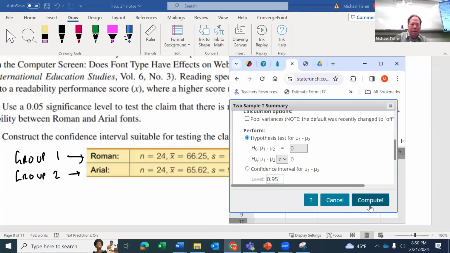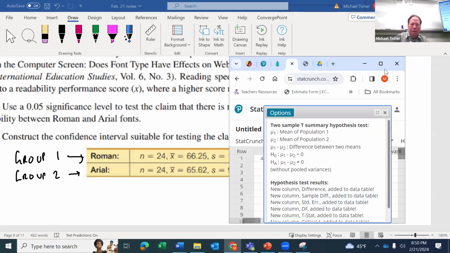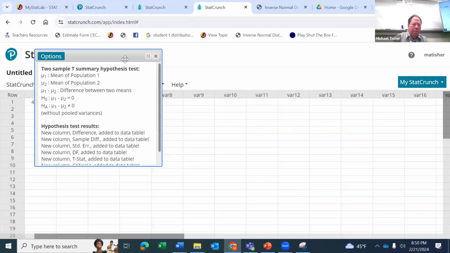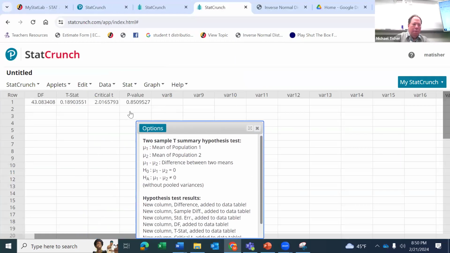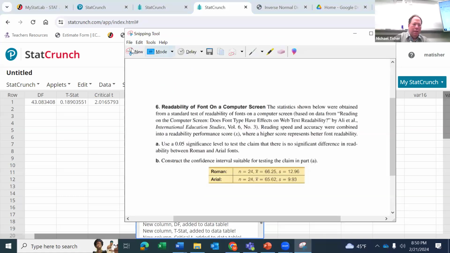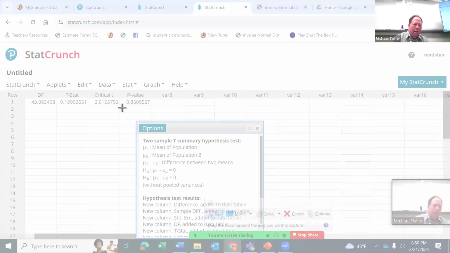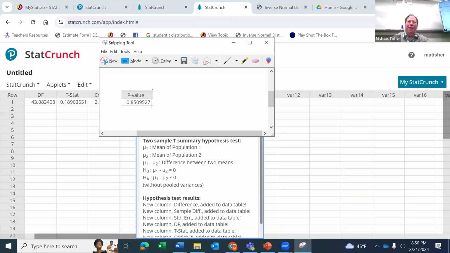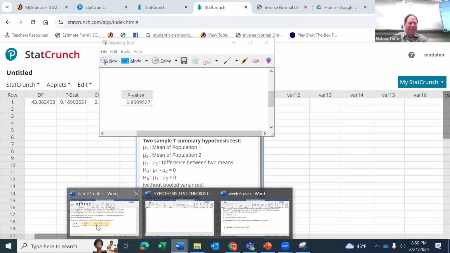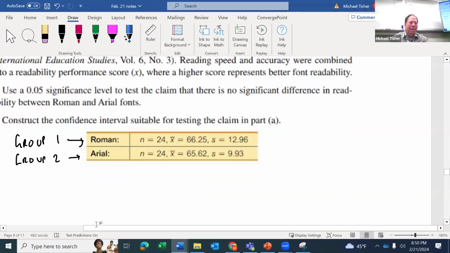There it is. And p-value is right here, very big p-value. So that means more than likely, are we going to reject or not reject? Not reject.